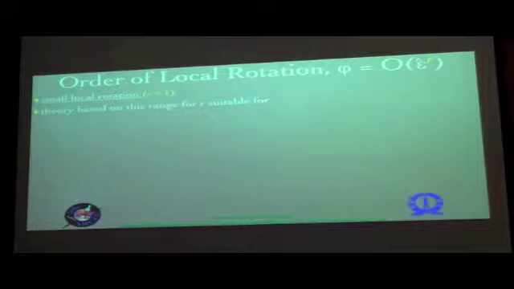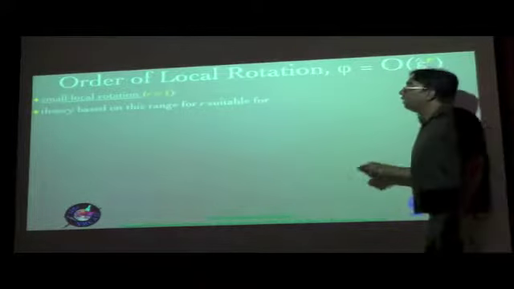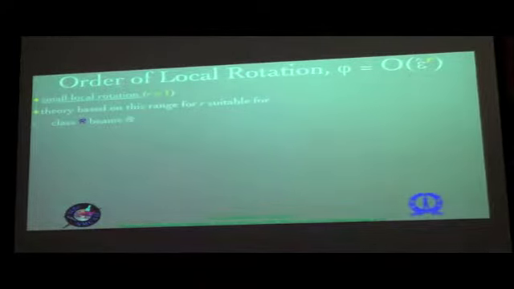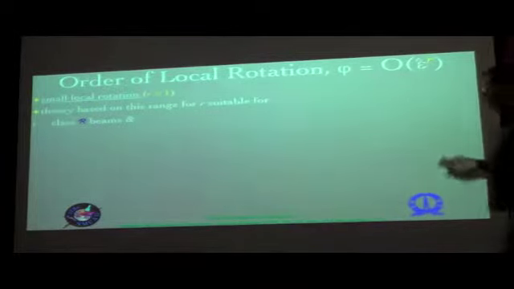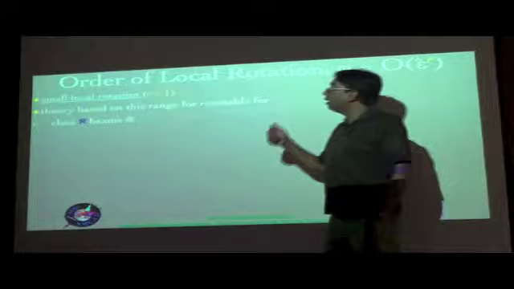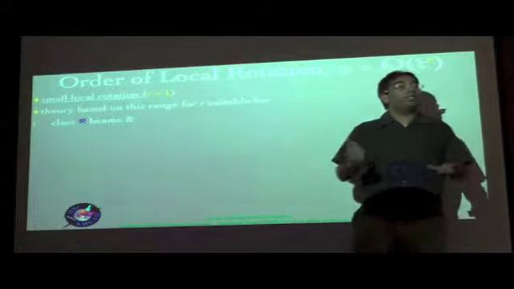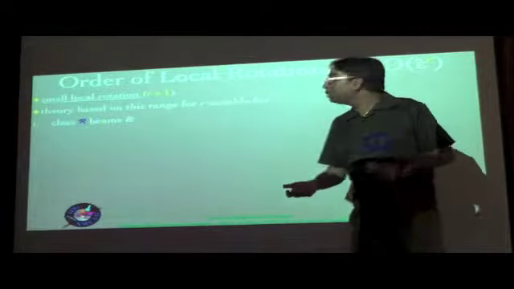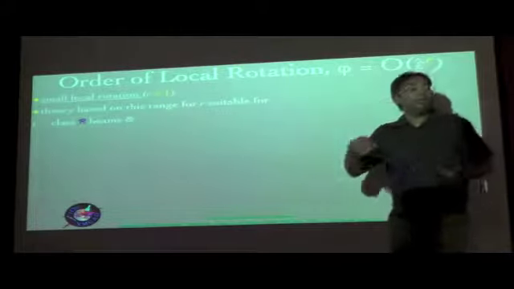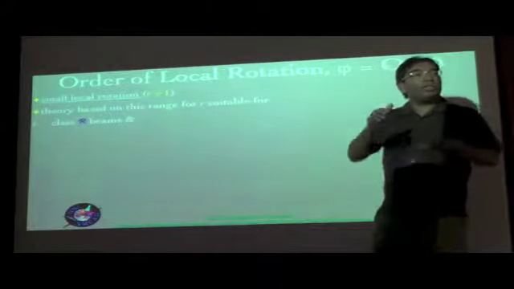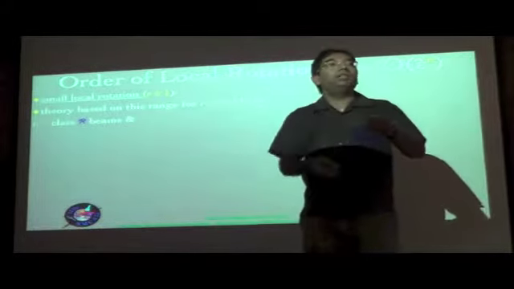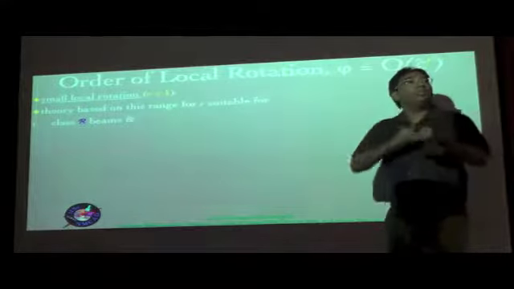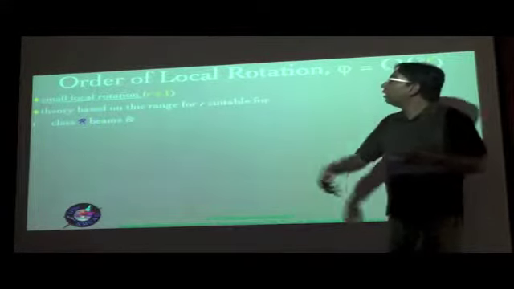So now the theory based on this range for r, we will later on see, is suitable primarily for class R beams, because there you will see that the maximum curvatures will be fairly small. The strain will be dictated by the curvature times the cross-sectional dimension, and there are no small dimensions in the cross-section.